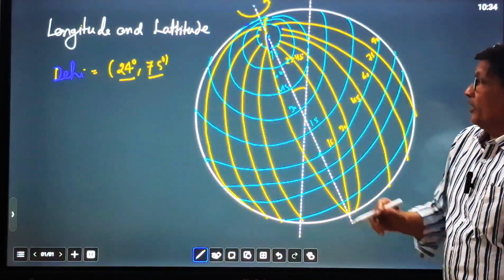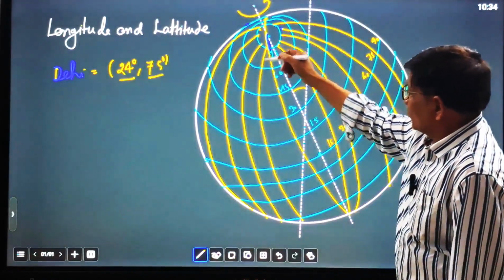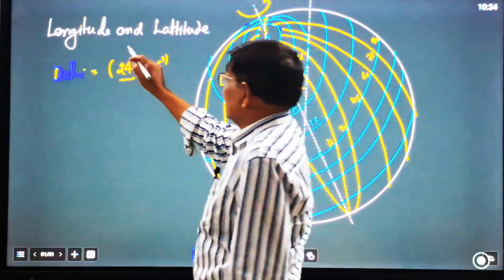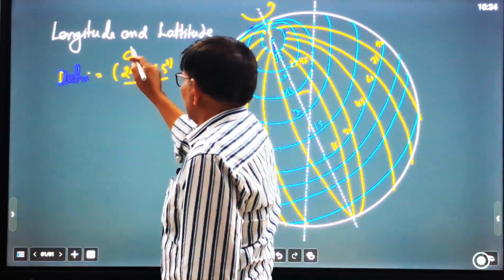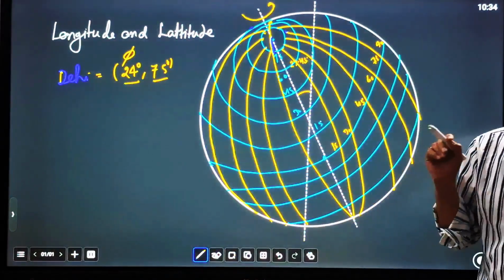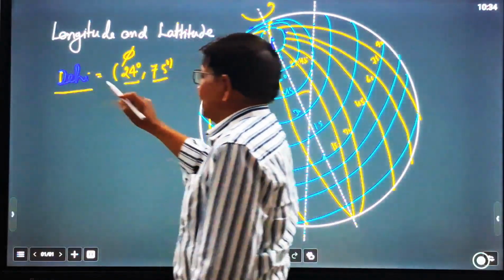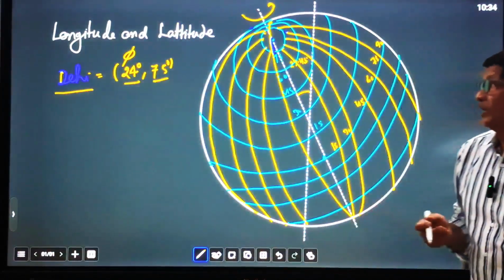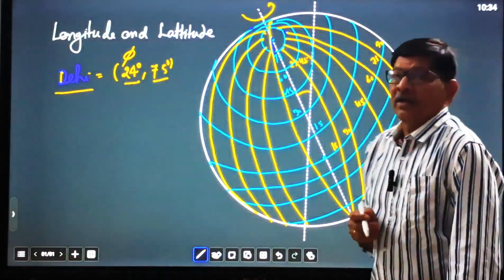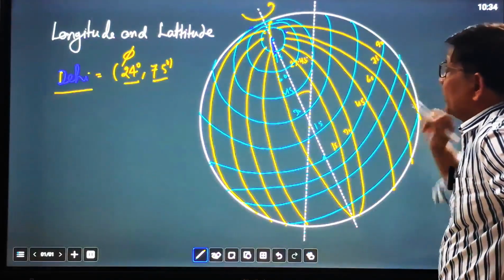The longitudes are parallel to the axis of the earth, and latitude, noted as phi, is perpendicular to the axis of the earth. So Delhi is at 24 degrees latitude and 75 degrees longitude. This is not exact; I have taken it just as an example, and actual values may differ.